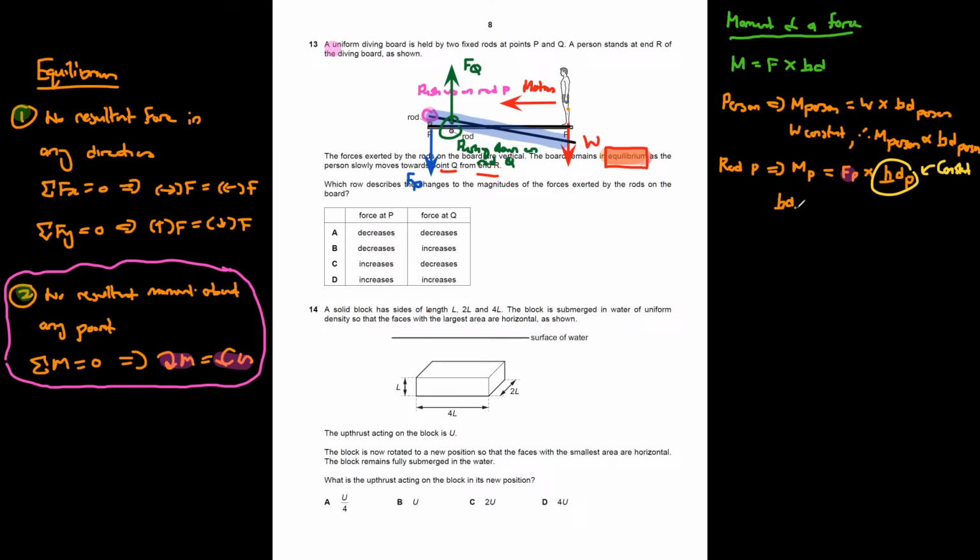Perpendicular distance for P is constant. Therefore, moment of P is directly proportional to the force of P. Now you apply the same reasoning to rod Q. Moment of Q is force of Q times the perpendicular distance of Q, which in your case remains constant too, because it cannot change.